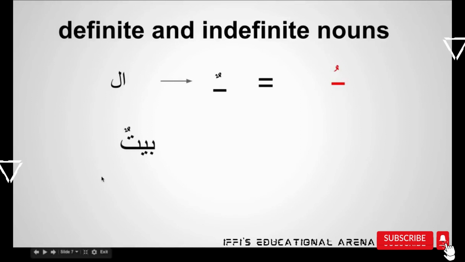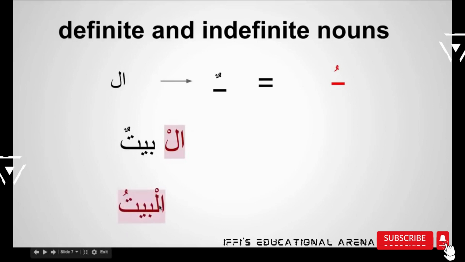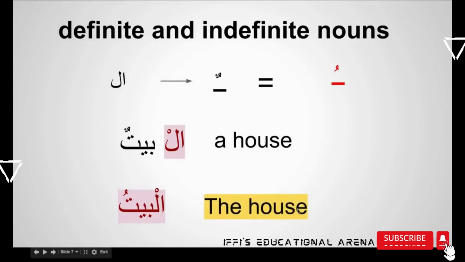If we have baitun, indefinite, with double dhamma, and we add al, it becomes al-baitu. So al gets attached, then the dhamma shifts to a single dhamma. Baitun is a house, and it changes into al-baitu, the house, that particular house.